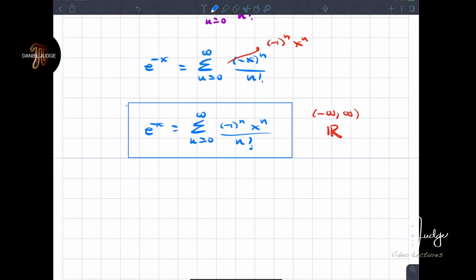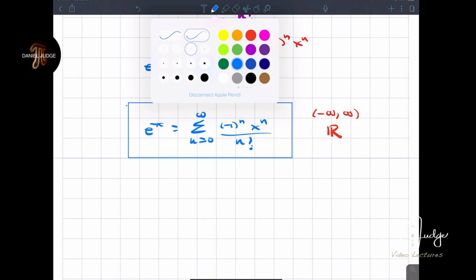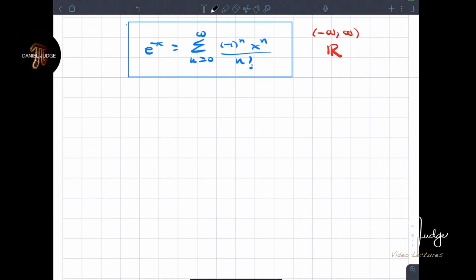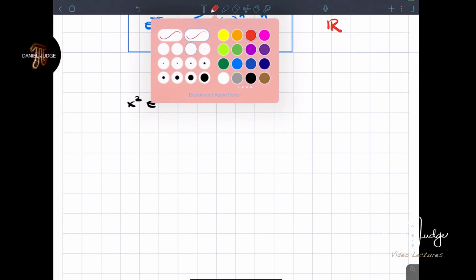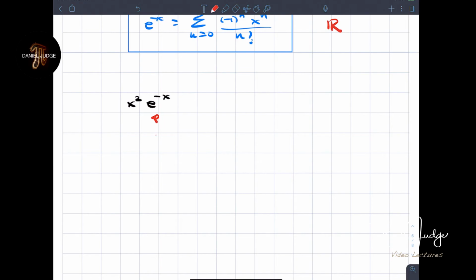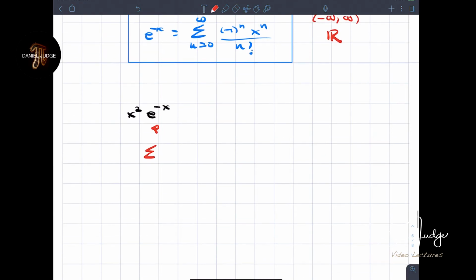And then they can say to you, okay, what if they want you to expand or find the power series for something like this, x squared e to the minus x. In that case, all you do, again, is write the power series expansion for e to the minus x, which you just found.